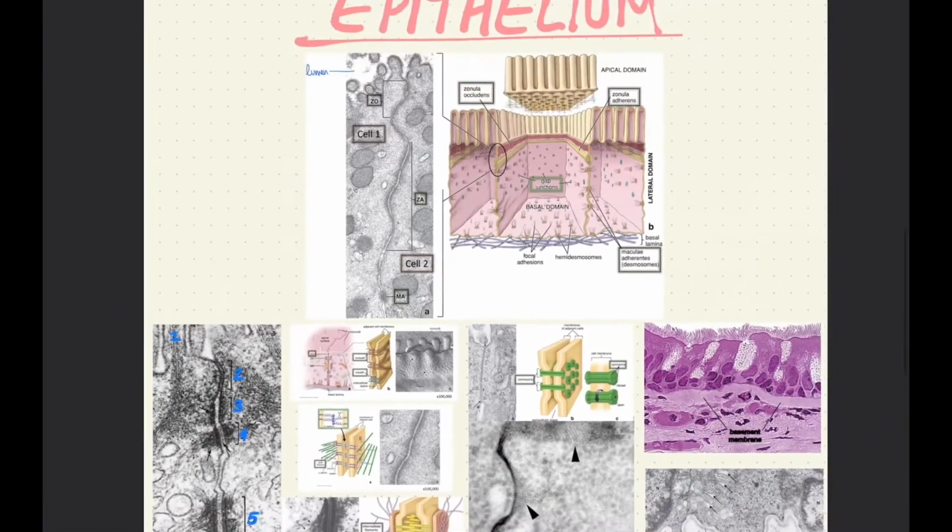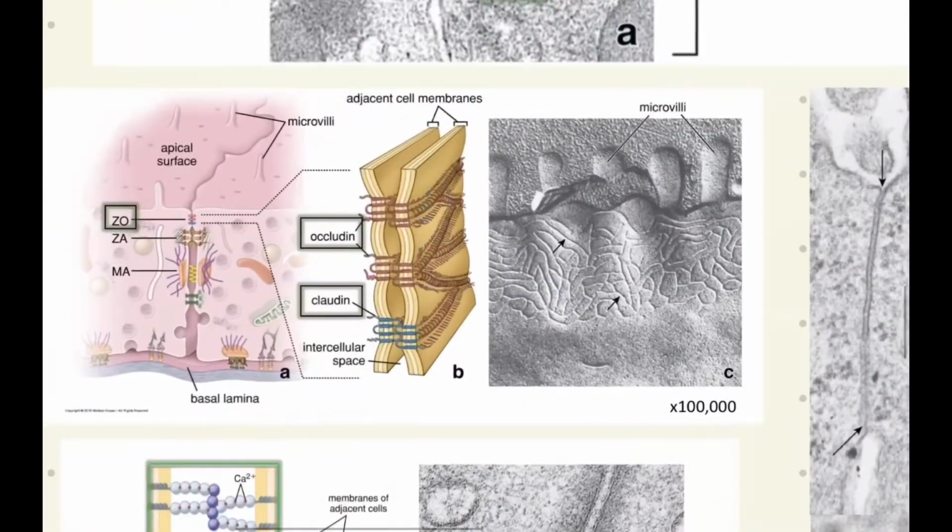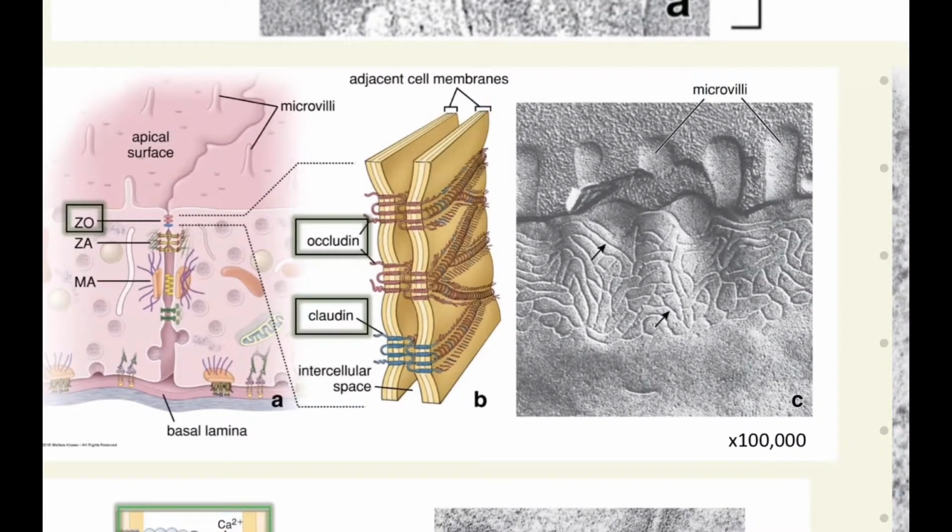So this is going to be what we said right here, your Zonula Occludens. You see the cartoon diagram right here. This is just a zoomed in version. The Zonula Occludens right here is going to be on the top of your epithelial tissue. And the reason for that is because it's formed of these occludin and claudin proteins, which form these types of junctions in the cell. And what these junctions do is that these junctions are called tight junctions.